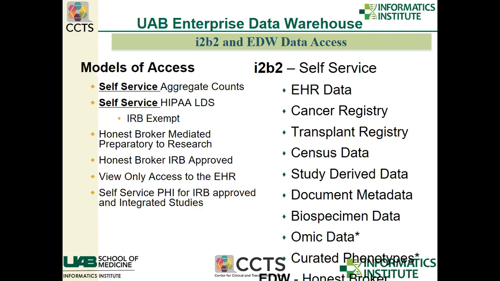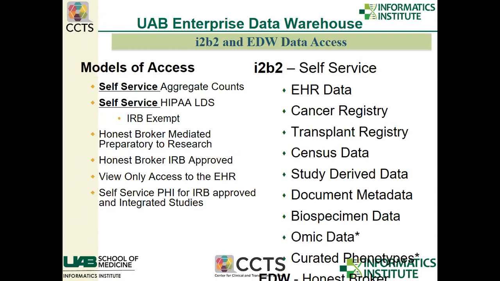So the models for access. My area of research is clinical research informatics. So it's a variety of services, people who provide you data with knowledge and understanding of clinical systems and how to provide that data for research. But it's also about building self-service tools.